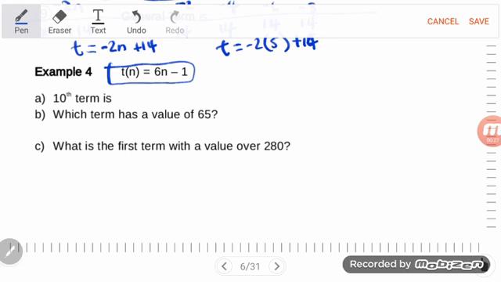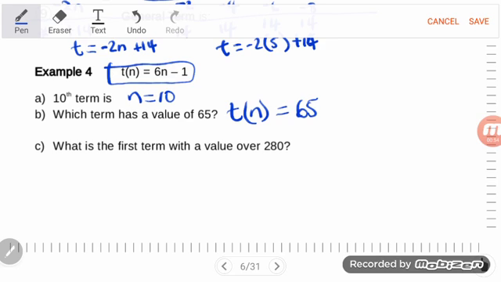So here they want to know what the 10th term is, which means when n equals 10. B, which term has a value of 65? So here we want t of n is equal to 65. C, what is the first term with a value over 280?